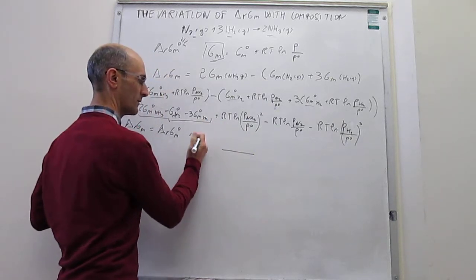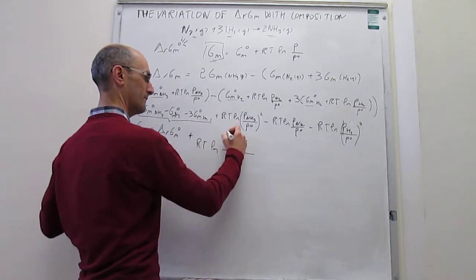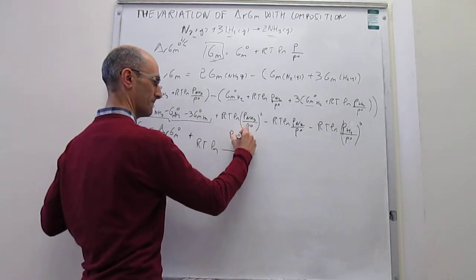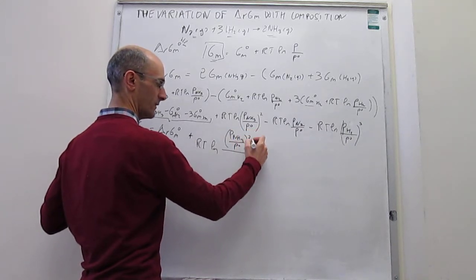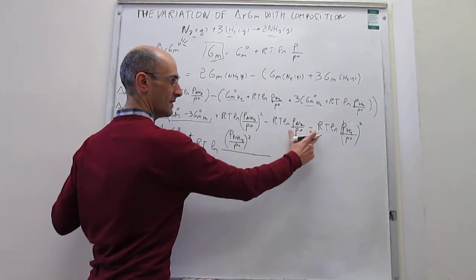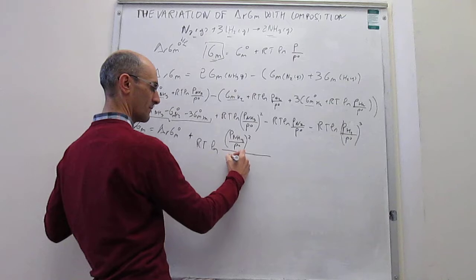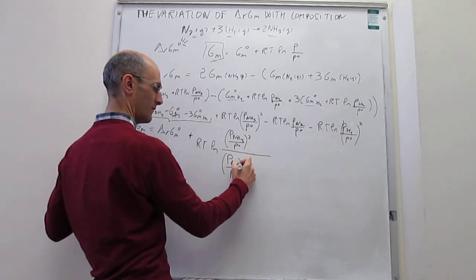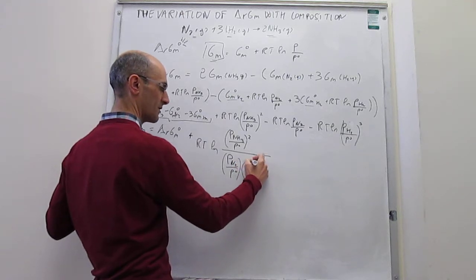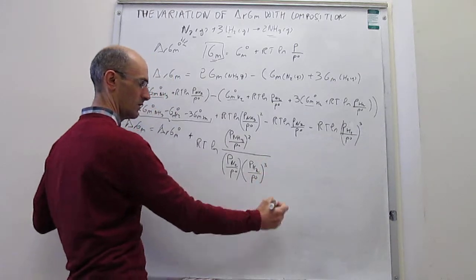Let me actually write this a little bit lower, plus RT natural log of the partial pressure of NH3 over the partial pressure of the reference state squared, and then divided, and that's because you have negative signs, right? That will be the partial pressure of N2 over the partial pressure at the reference state times the partial pressure of H2 over the partial pressure of the reference state cubed.